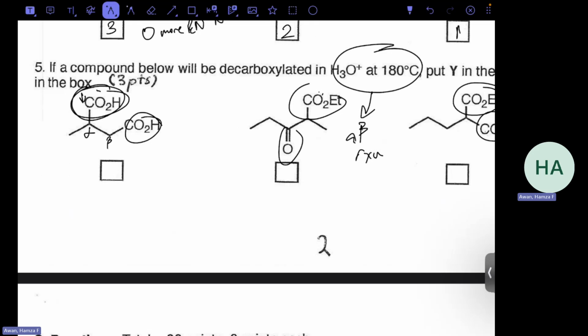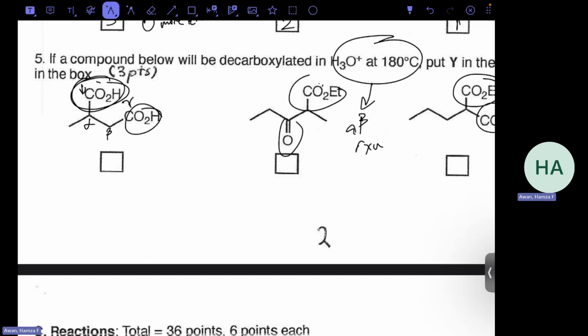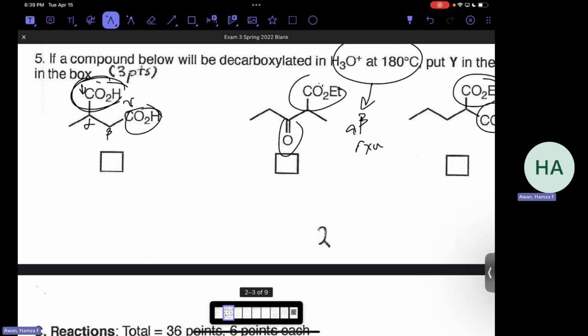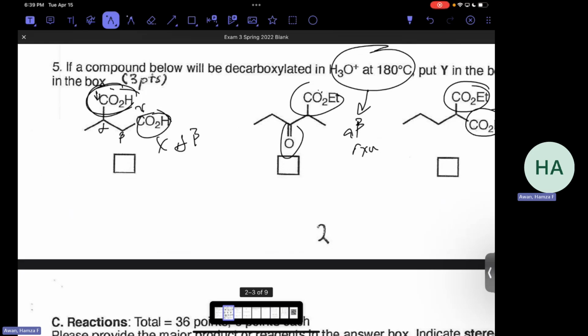However, it doesn't go all the way to this next carbon; it has to go all the way to the next carbon. So this is the third letter, gamma. That's our gamma carbon, and because it's not alpha beta, it's not going to be decarboxylated. So we'll put a no in the box.